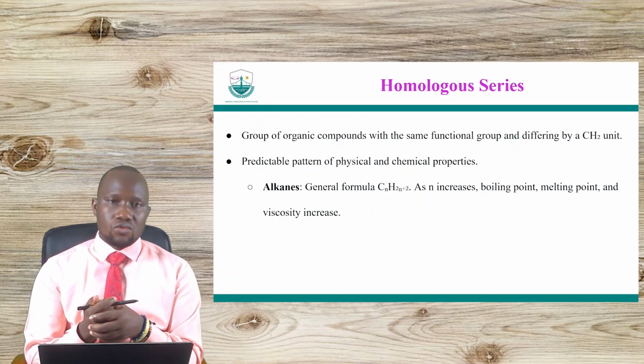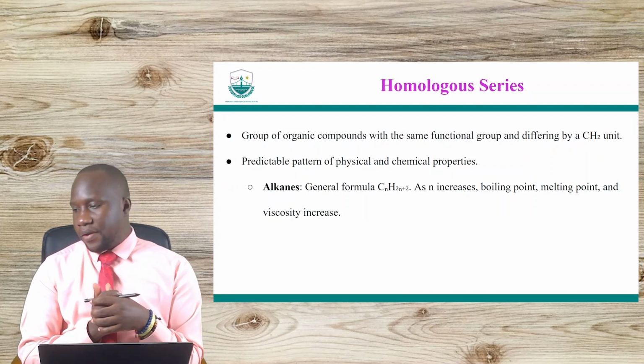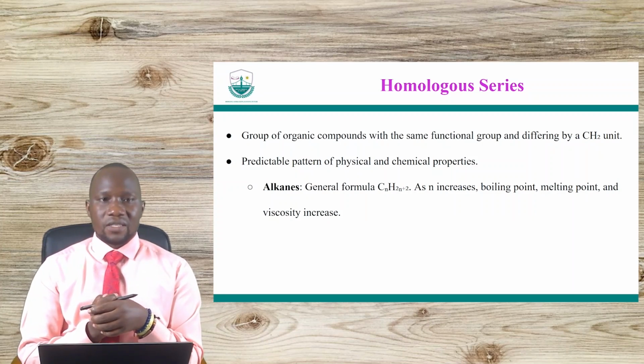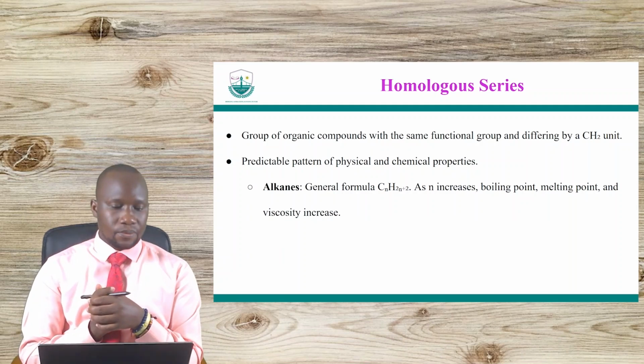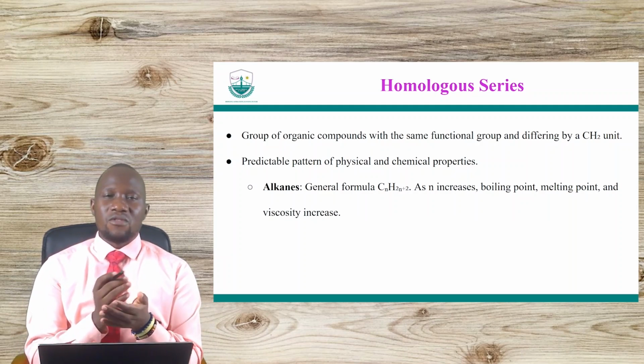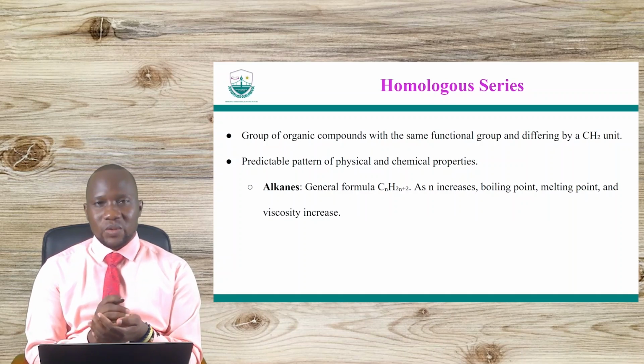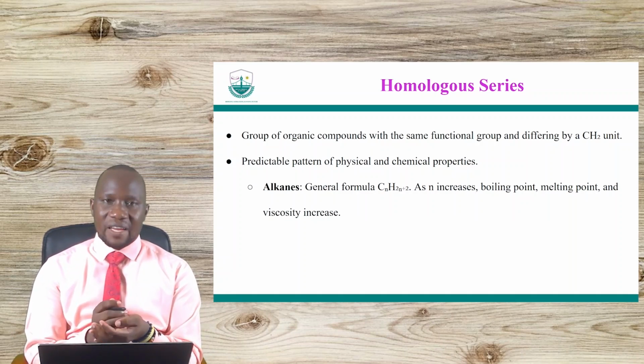Now we move to what we call the homologous series. Like we said, we have very many organic compounds, and we have just said that these organic compounds can be differentiated by their functional groups.